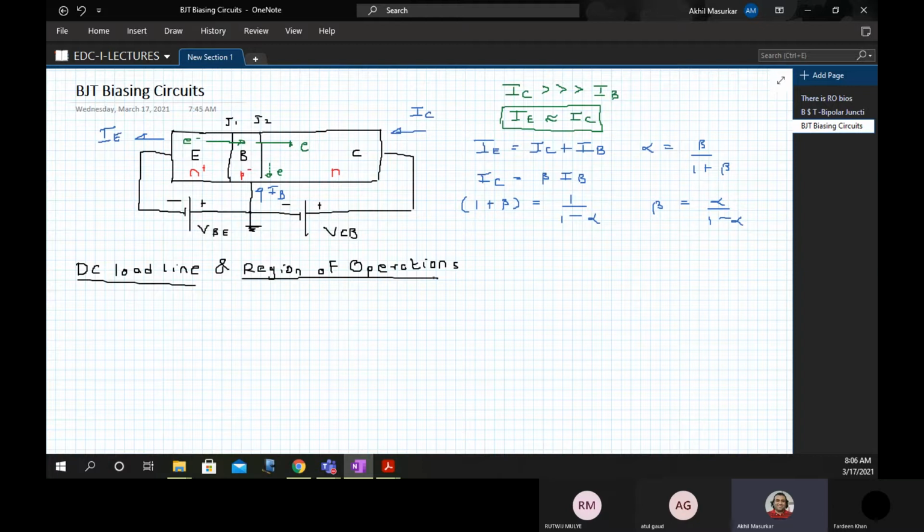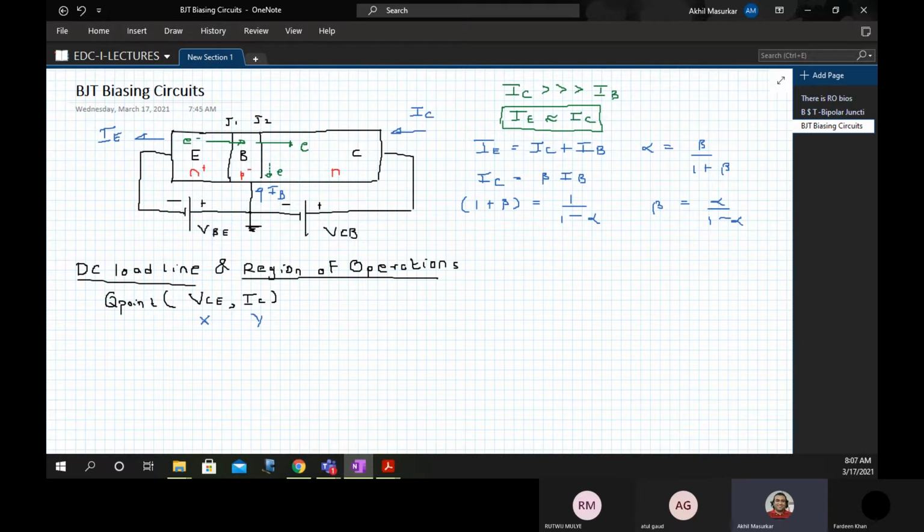The levels of IC and VCE define the transistor's operating point or the Q point. So the Q point is generally defined by the levels of IC and VCE. We show VCE on the x-axis and IC on the y-axis.